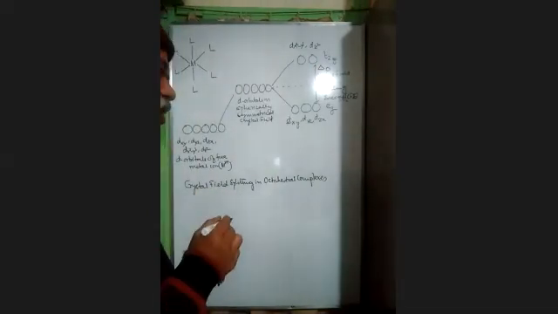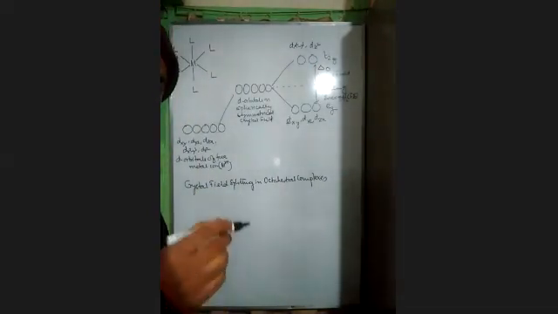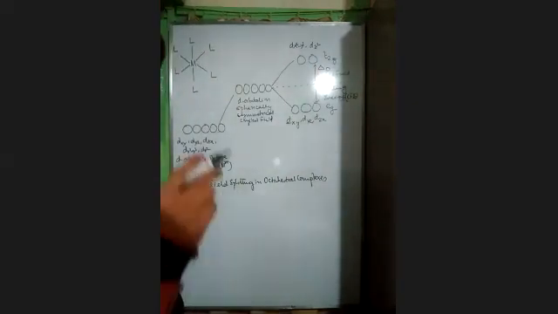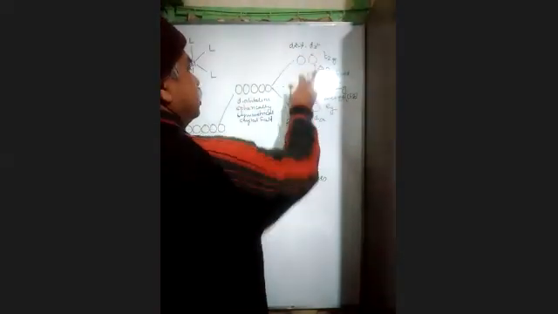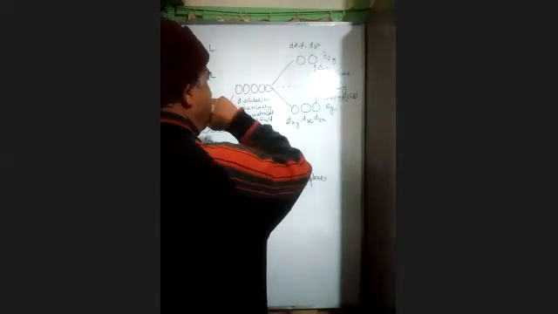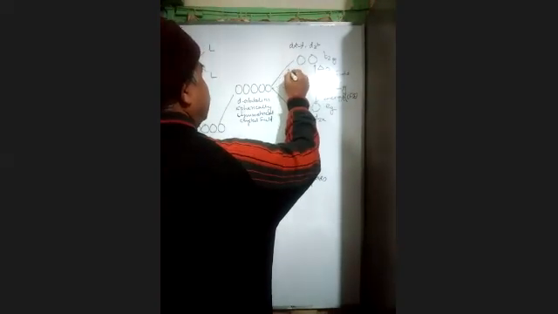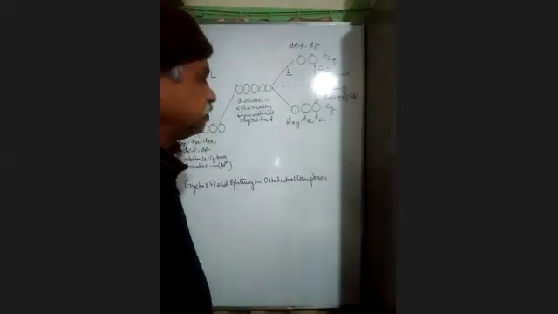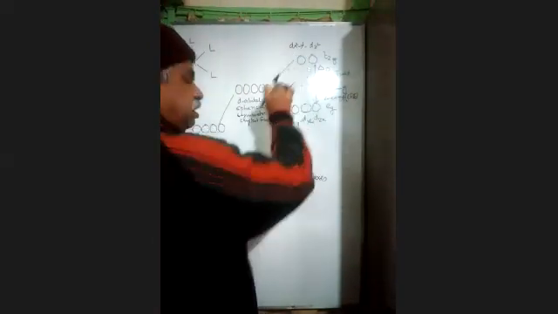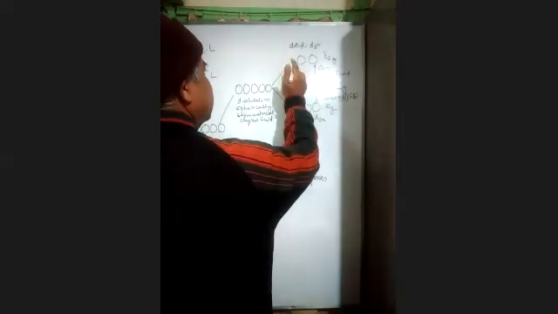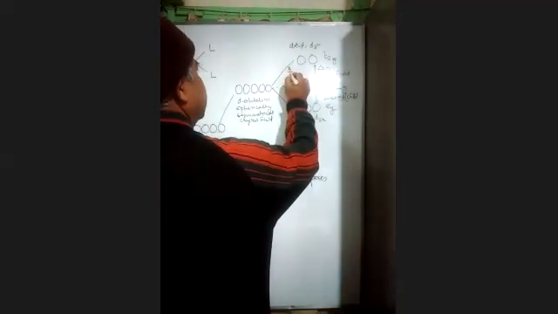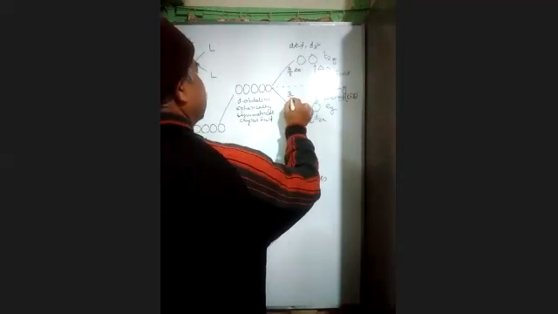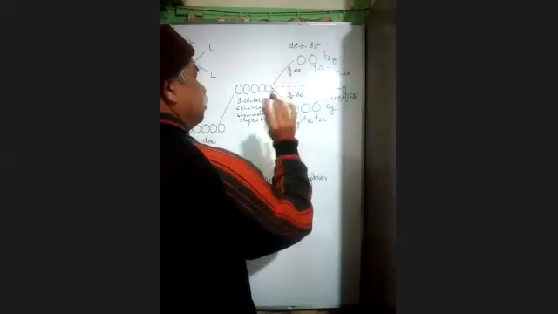Delta O is nothing but crystal field splitting energy in octahedral complexes. O stands for octahedral. Now, what is the gap between these two? From here to here, the energy gap is 3/5 delta O, and this is 2/5 delta O. For that, you don't have to worry.